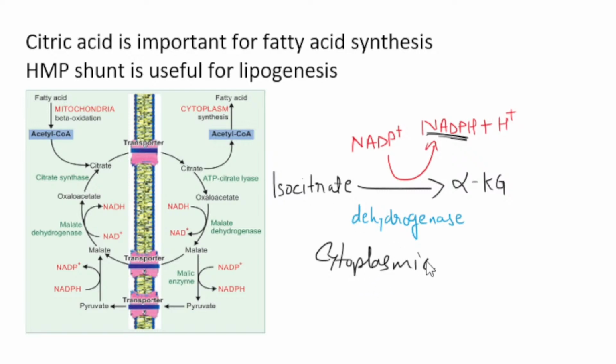Mitochondrial isocitrate dehydrogenase reaction, which is a TCA cycle reaction, uses NAD as coenzyme. Here in cytoplasm, it uses NADP as coenzyme. So the major chunk of NADPH is provided by HMP shunt pathway, as we have discussed earlier. So now you can understand this second line, HMP shunt is useful for lipogenesis.